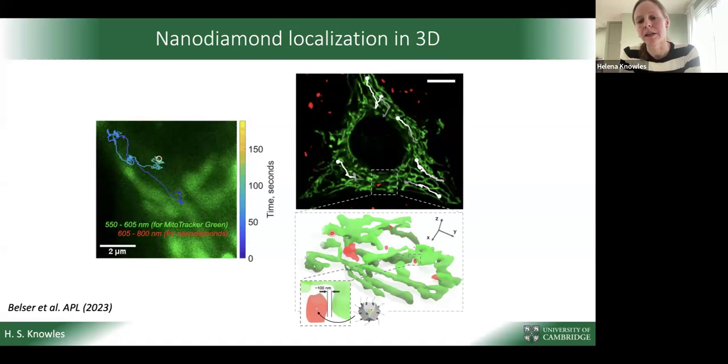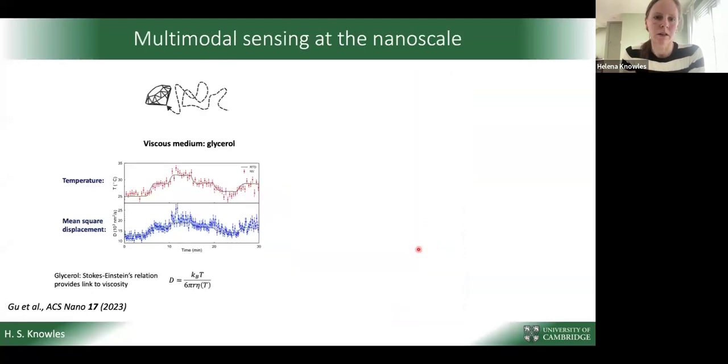And so what we can do here is a three-dimensional confocal image of a cell. This is a HeLa cell that I'm showing here as an example, where we can see in green the mitochondrial network and the little red dots, which are nanodiamonds that are tucked away and hidden in this mitochondrial network. So we can actually see where these nanodiamonds have ended up.